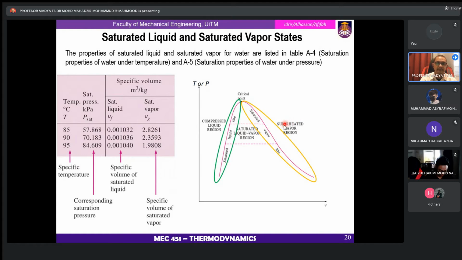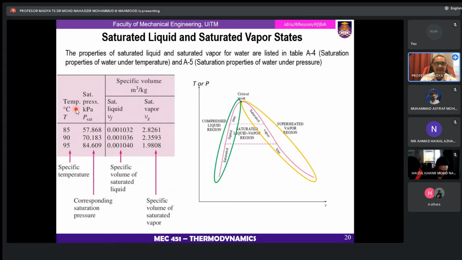To know the application of the properties tables, we use the figures in the properties booklet. For example, we look at the properties of saturated liquid and saturated vapor for water, as listed in A4.